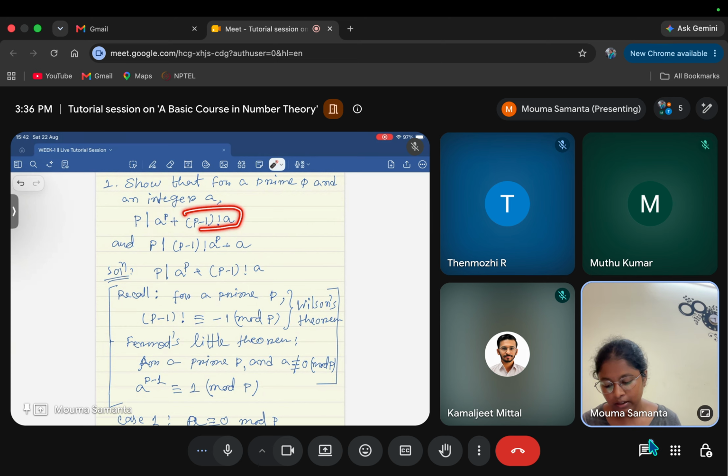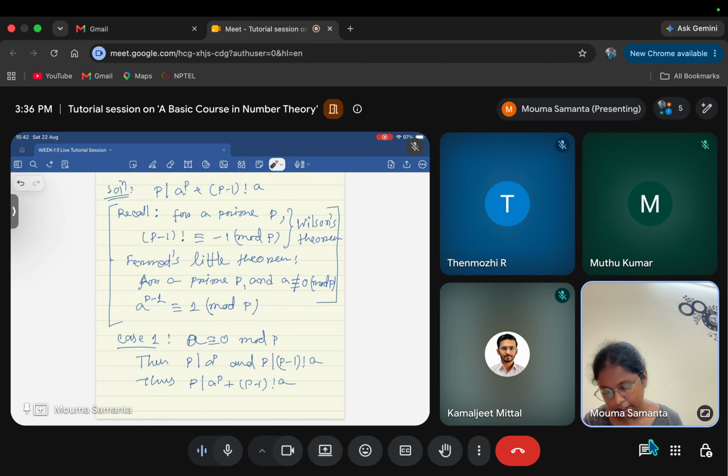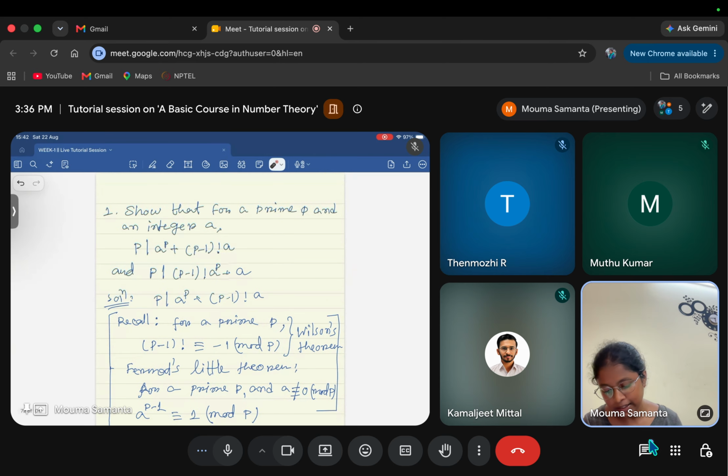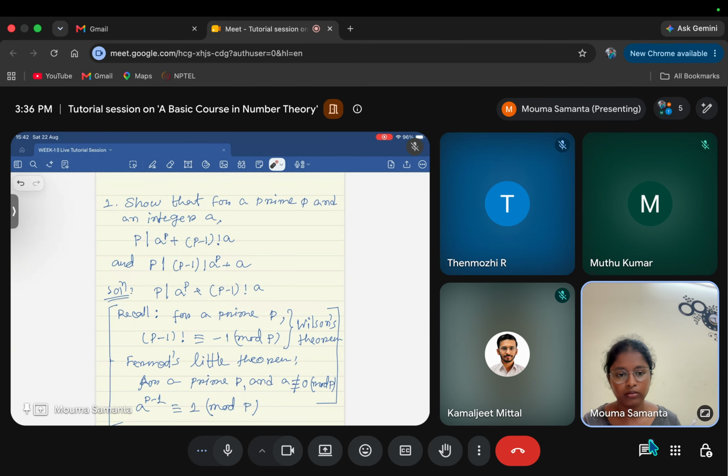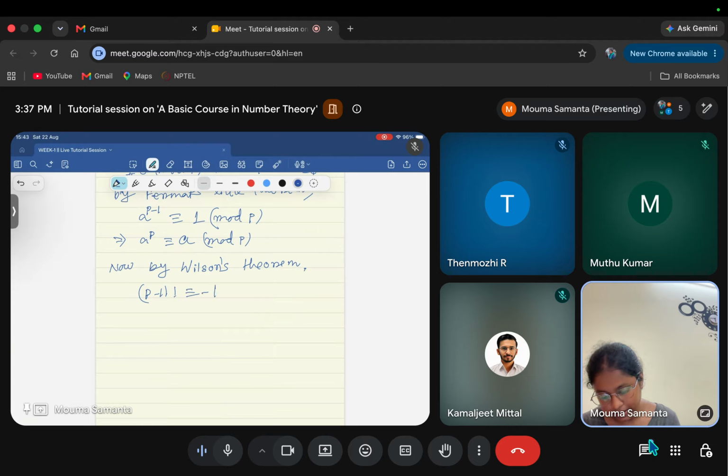Now we need to check the second term. By Wilson's theorem, p minus 1 factorial is congruent to minus 1 mod p, which implies p minus 1 factorial times a is congruent to minus a mod p.